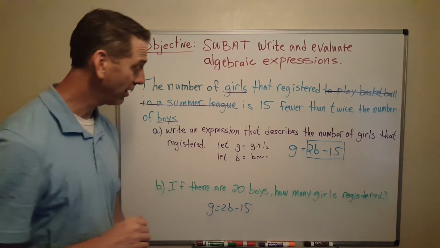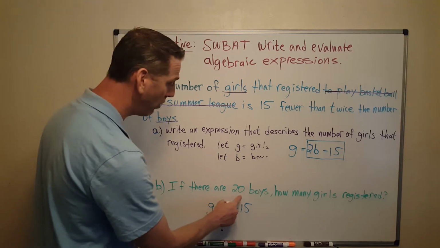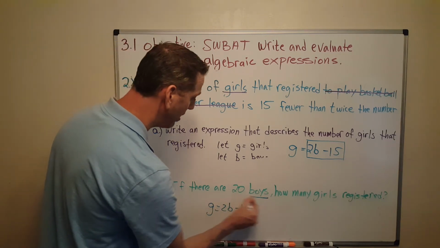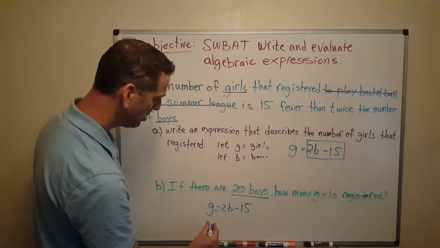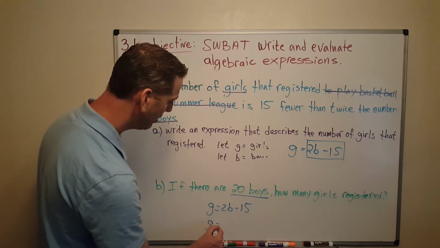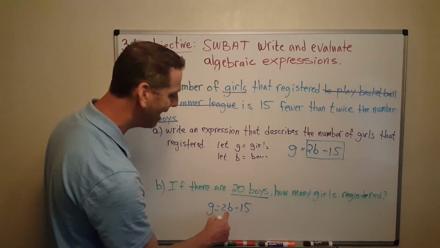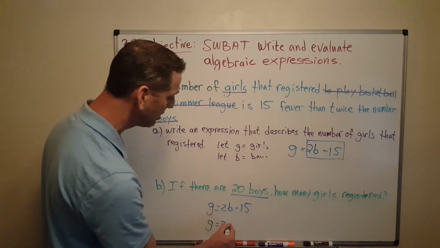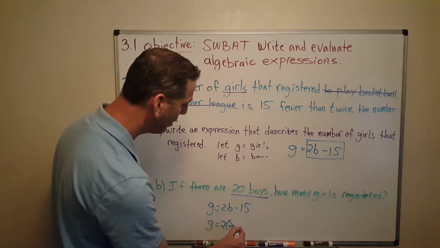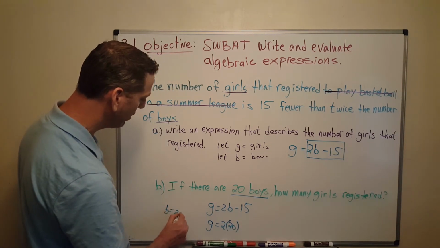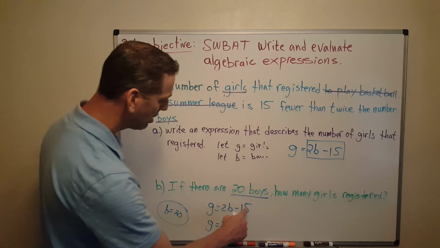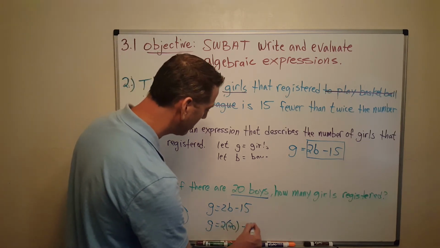All right, let's take a look. If there are 20 boys, well, there's my boys right there. So I have G equals 2 times B, that's multiplication, and B is 20. If B equals 20, minus 15.